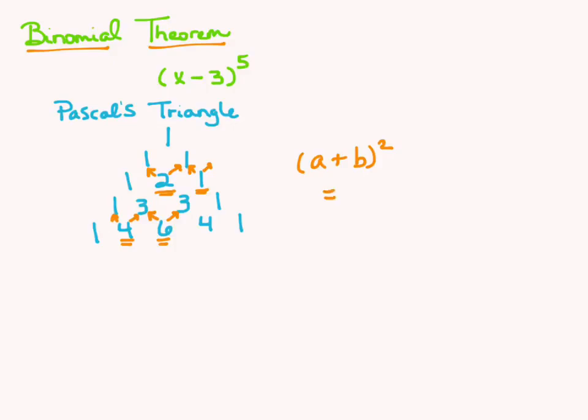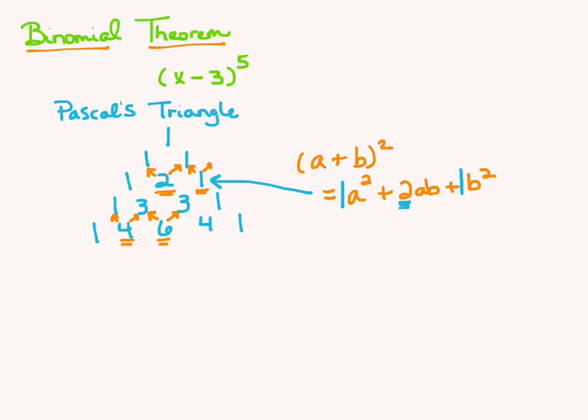Now if you're familiar with this pattern of expansion, it's equal to a squared plus 2ab plus b squared. And if we consider our coefficients here, my first coefficient is a 1, then I have this 2 here, and then a 1 at the end. Notice this matches those numbers in the second row of Pascal's triangle.